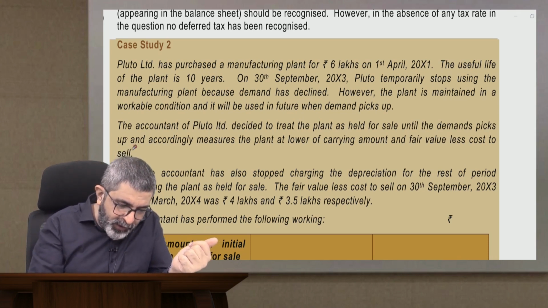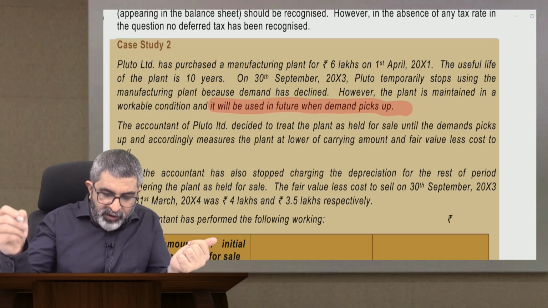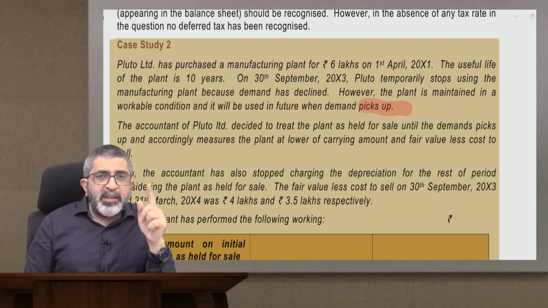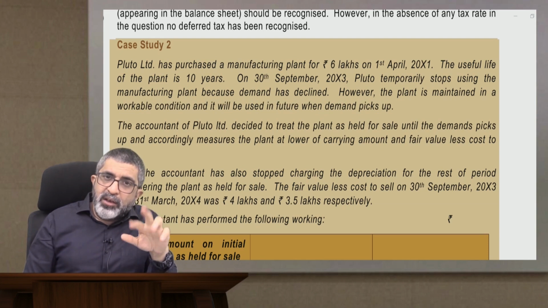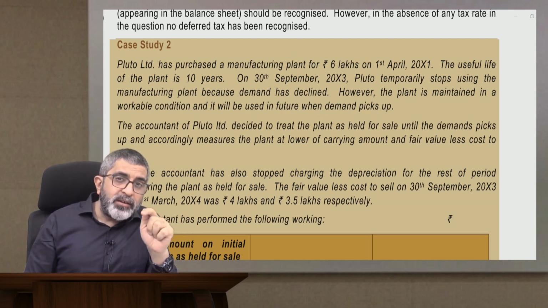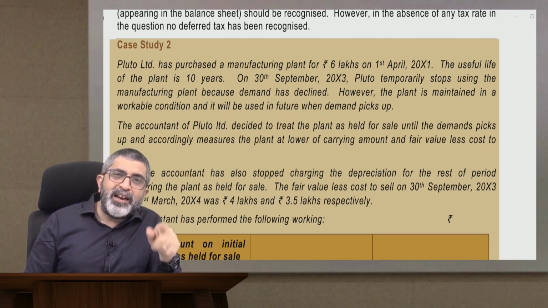Whereas this line clarifies something different. The plant is maintained in a workable condition and will be used in future when the demand picks up. That means again when needed, you will again start using the plant. You cannot put something as held for sale on a temporary basis.